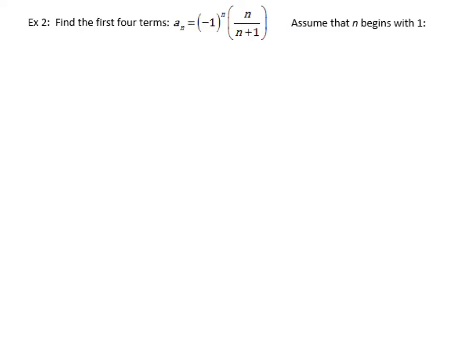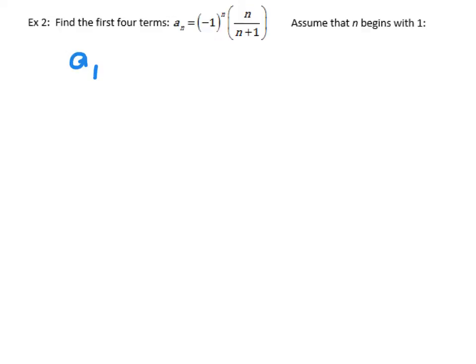I want to find the first 4 terms of a sub n equals negative 1 to the n times n over n plus 1. So this is slightly different. It's not as easy and obvious to do. So the first thing you're going to want to do is start with 1. And a sub 1 basically means first term.